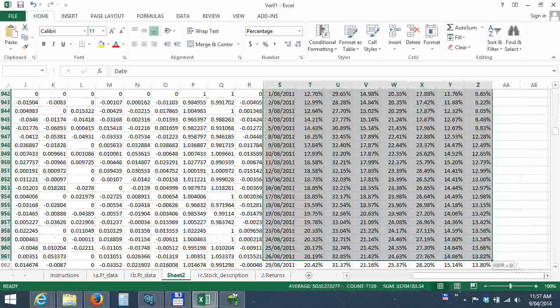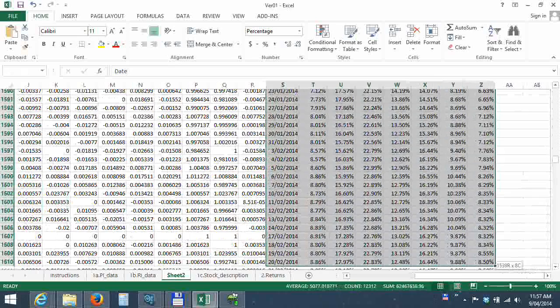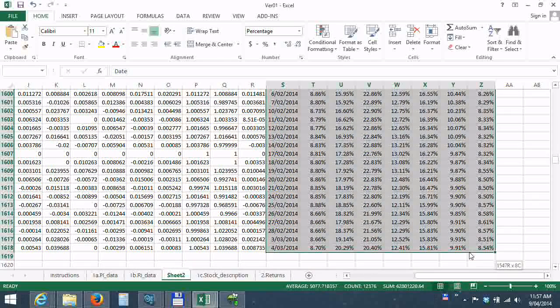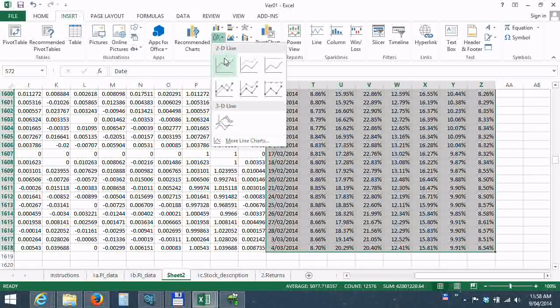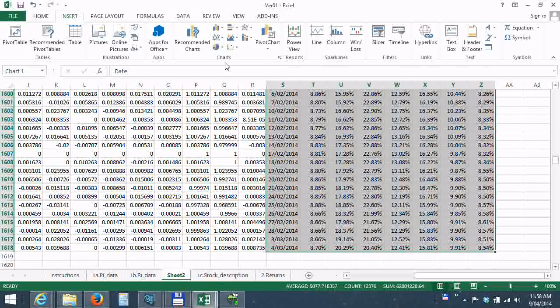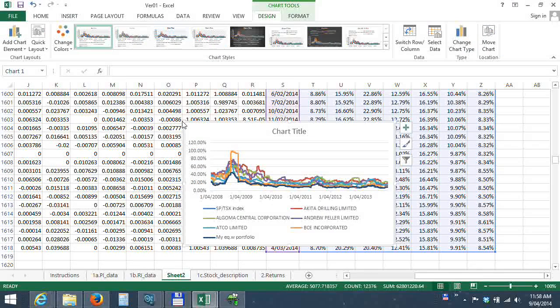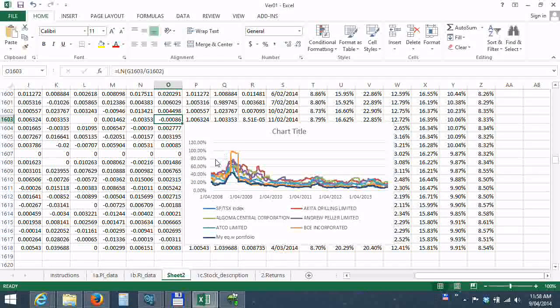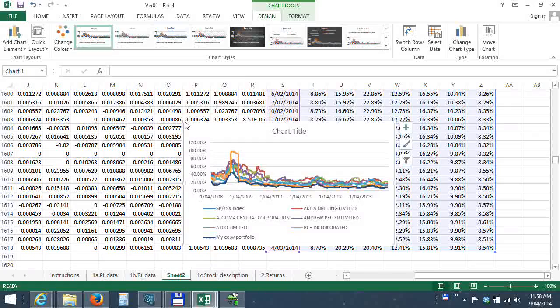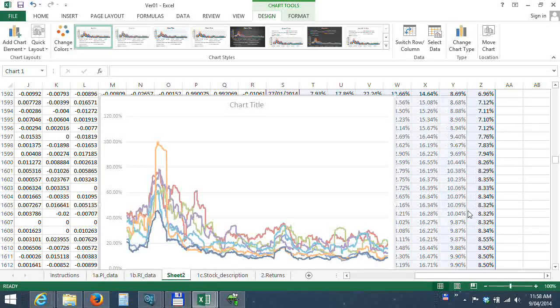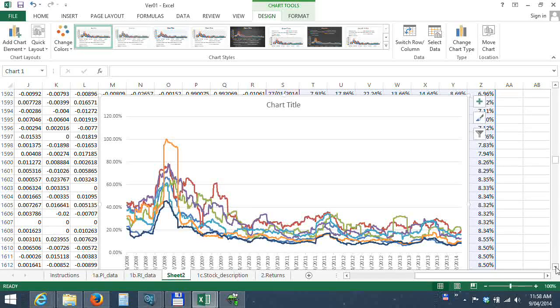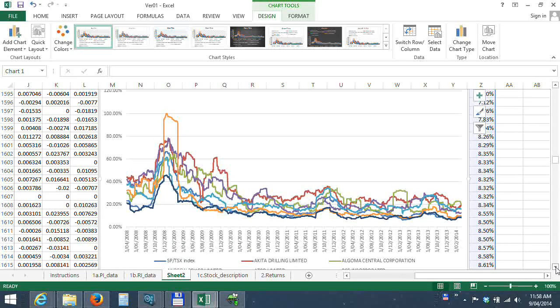So if I select this range of data now, we'll try to plot it by inserting a line plot. This line plot will contain the estimated standard deviations of your securities.